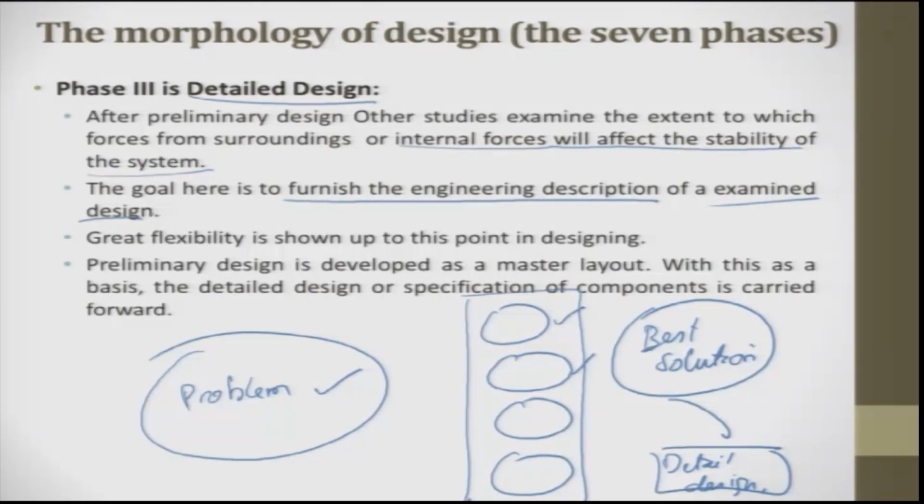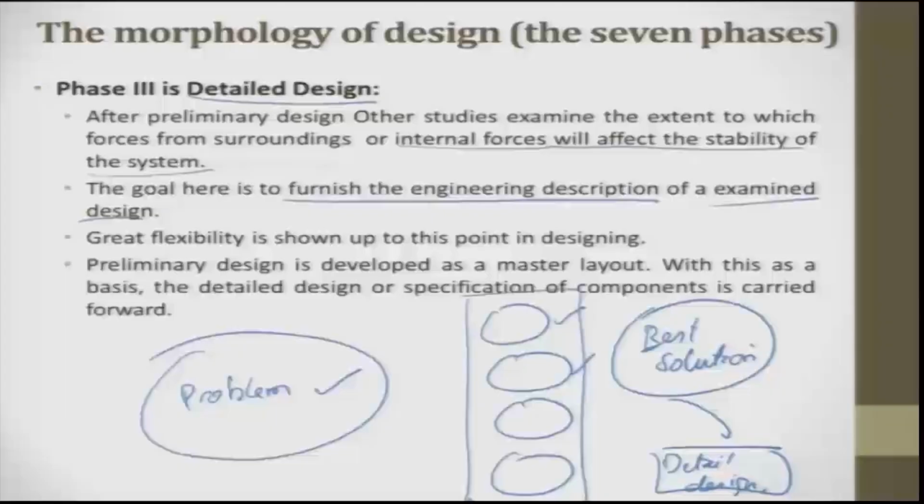During this stage, when engineering descriptions are given, you try to choose the best material and other things. Till now, we did not bother about shape, size, form. We thought, okay, a crude solution was thought of. So, here we try to do a detailed design. The feasibility is to show up to this point in designing.